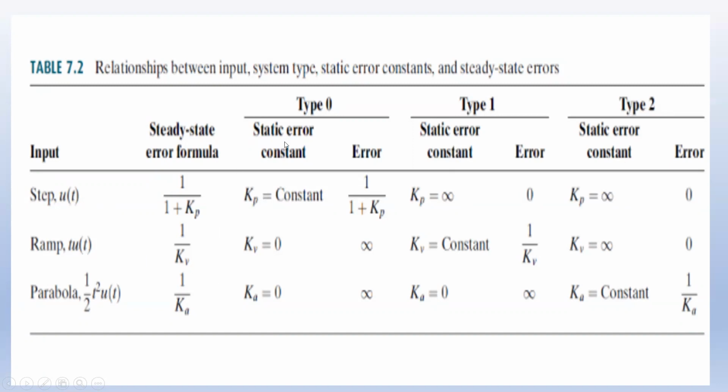If we apply a ramp input, then for a type 0 system Kv is 0.